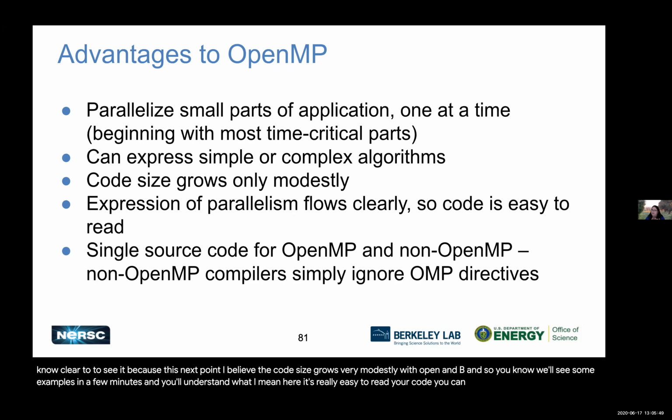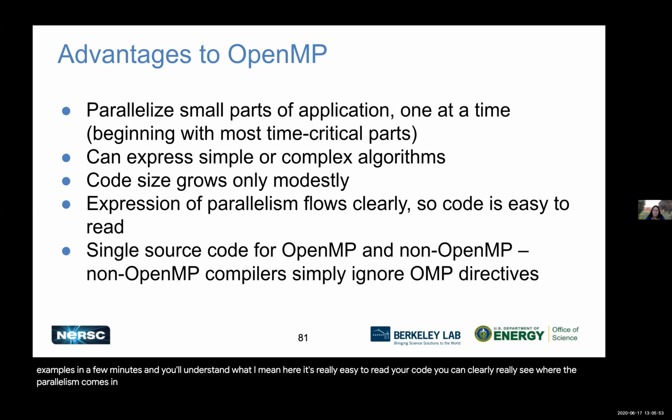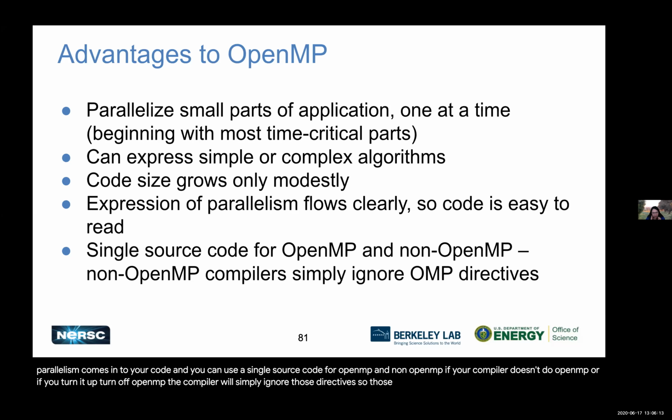You can clearly see where the parallelism comes into your code. And you can use a single source code for OpenMP and non-OpenMP. If your compiler doesn't do OpenMP, or if you turn off OpenMP, the compiler will simply ignore those directives. So those are some really cool things about OpenMP.